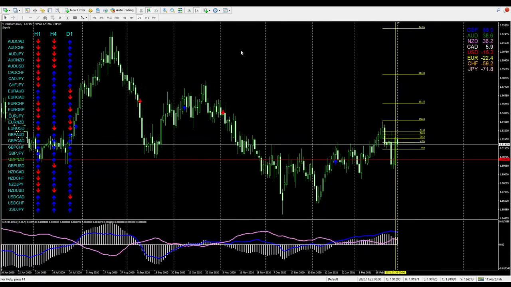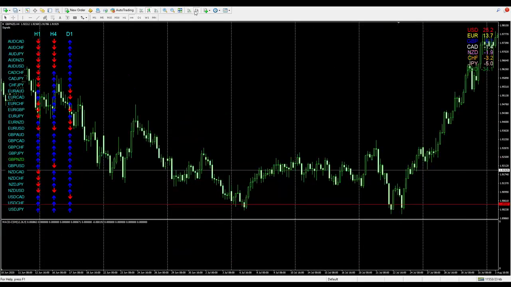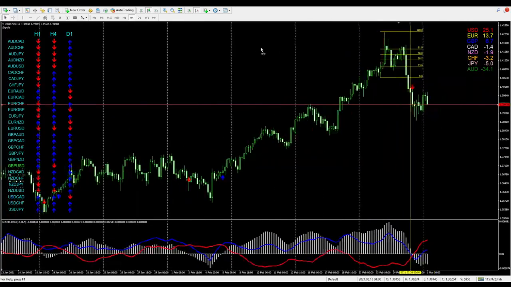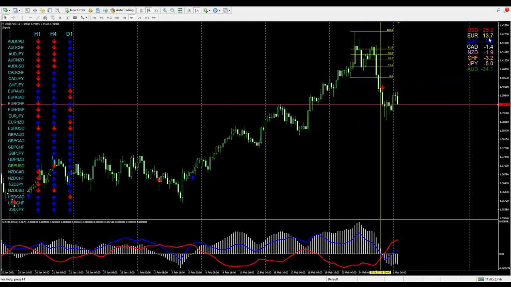But because we are checking D1 time frame, this might take longer for buy signals. Because on H4, USD is very strong. If you can't hold anymore on USD, you can already exit, because GBP is only next to it for H4 time frame.